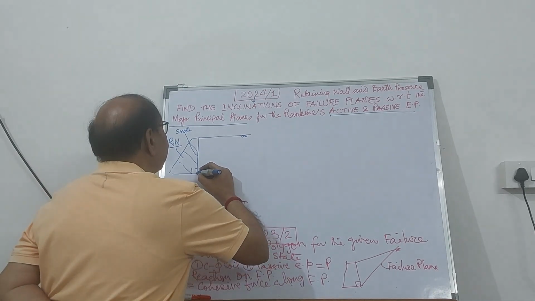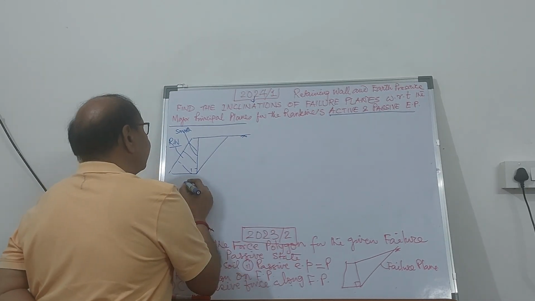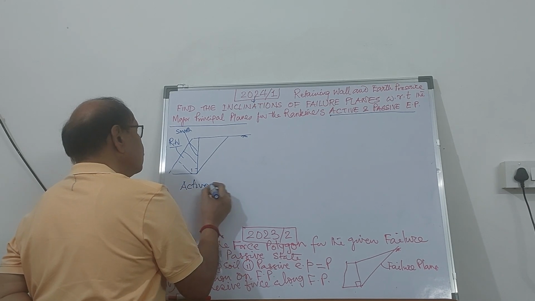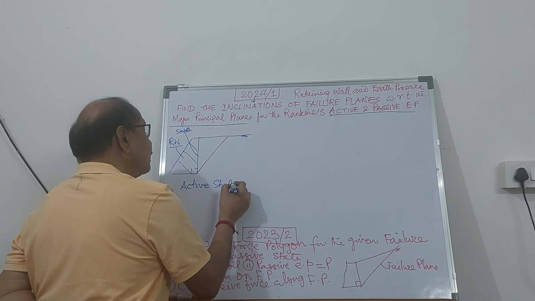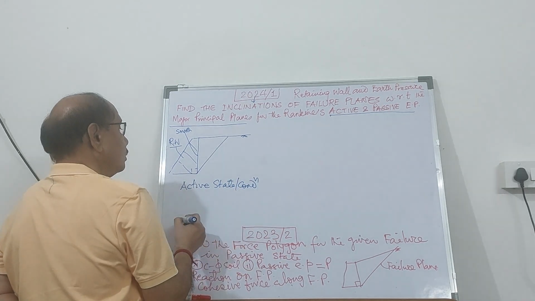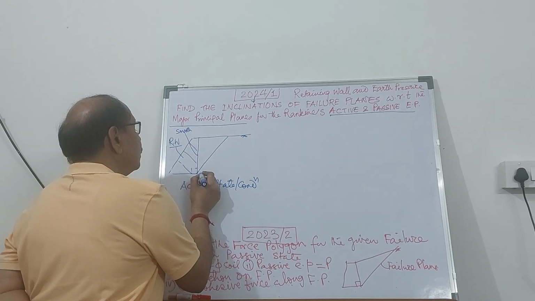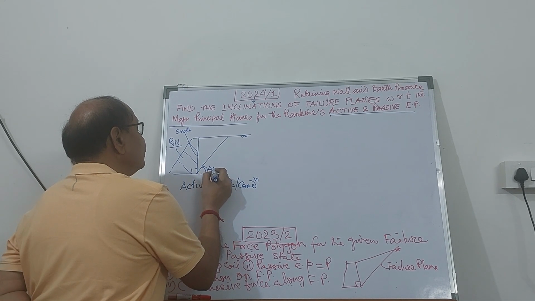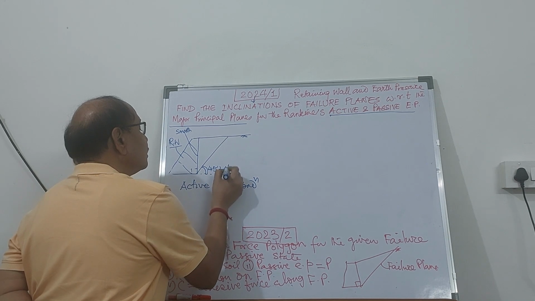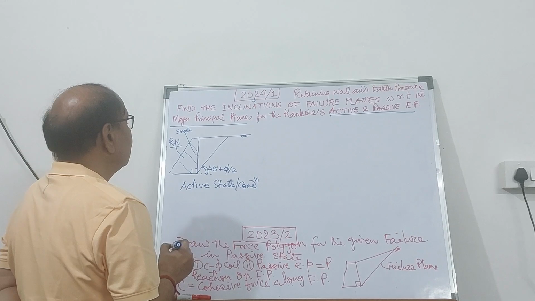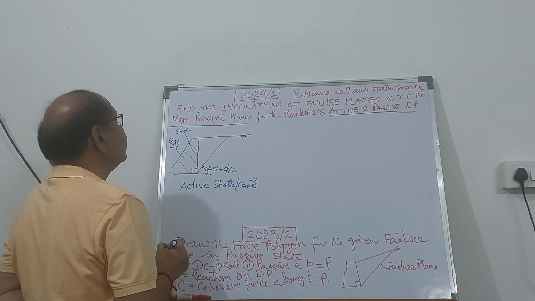The failure plane in active condition will make an angle of 45 plus phi by 2 with the horizontal.